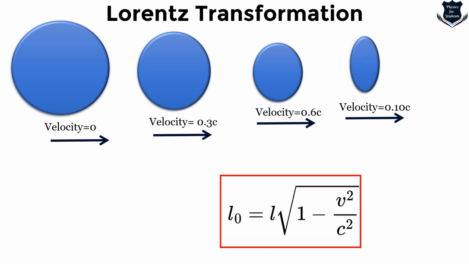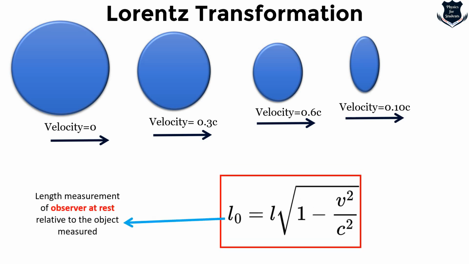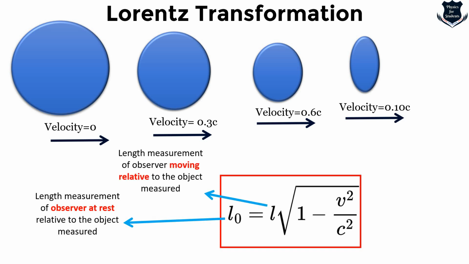And what is this equation all about? This is the length measured by an observer at rest relative to the object. This is the length measured by an observer moving relative to it. This obviously is the relative speed, very important for the observer, and this one is the speed of light.